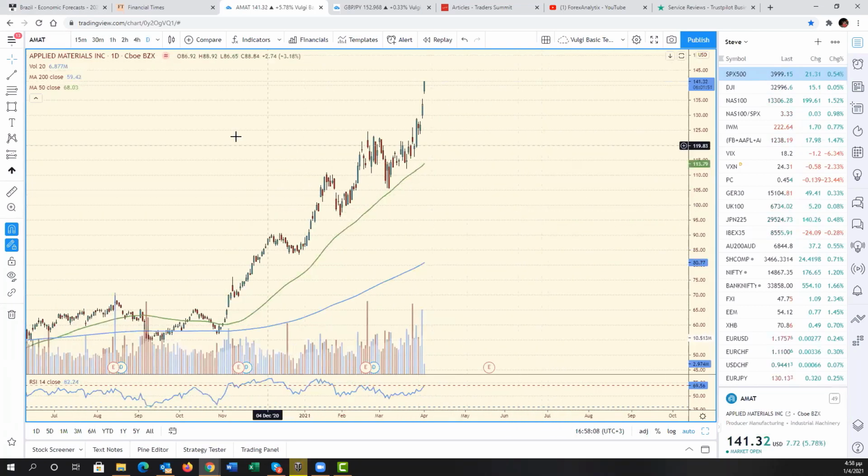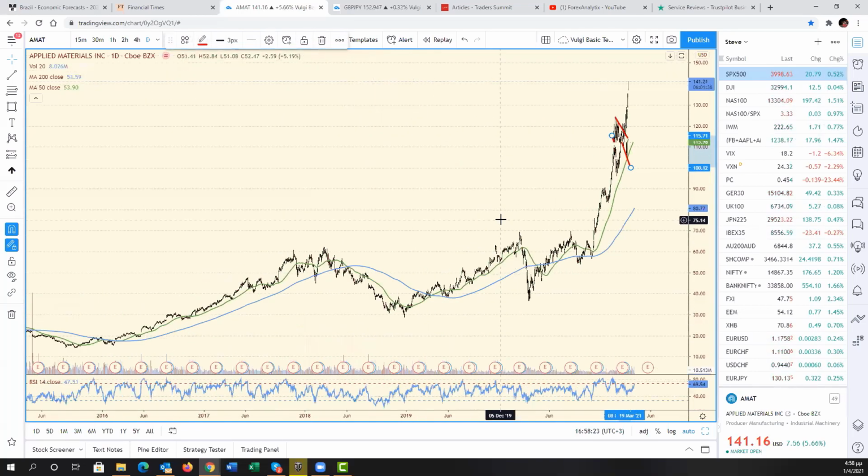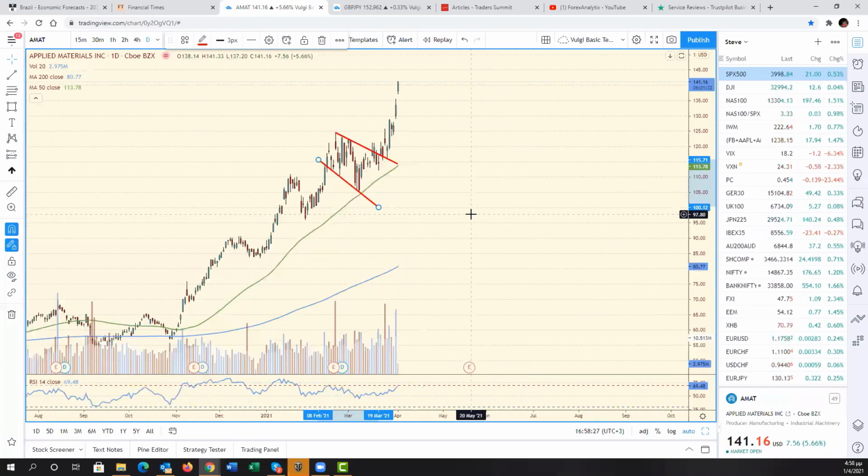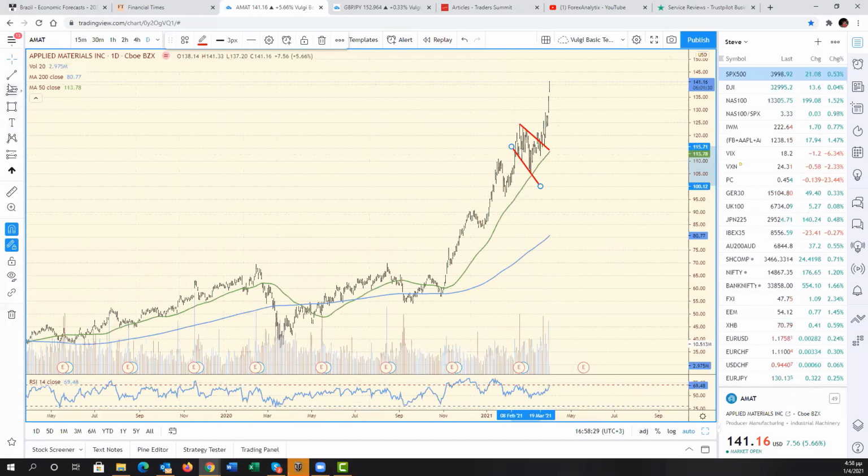Same deal here. Very, very bullish, unquestionably. Had this nice corrective move, which is now over. But this has really gone vertical. It's very bullish, but how can you buy it?